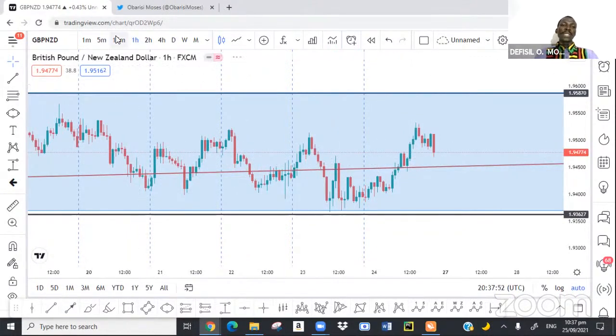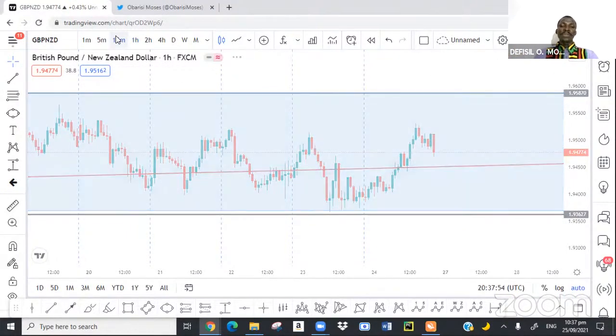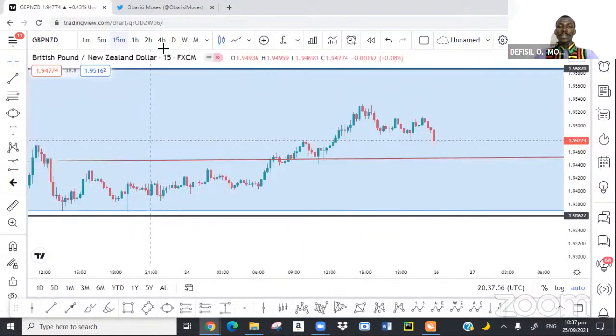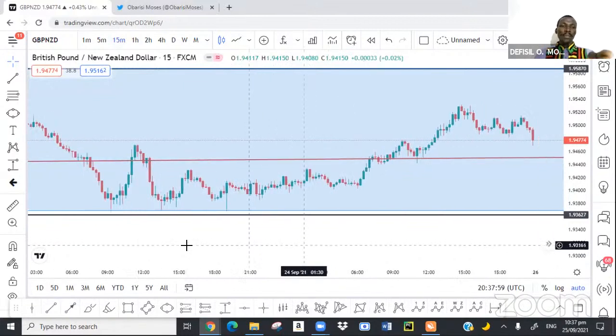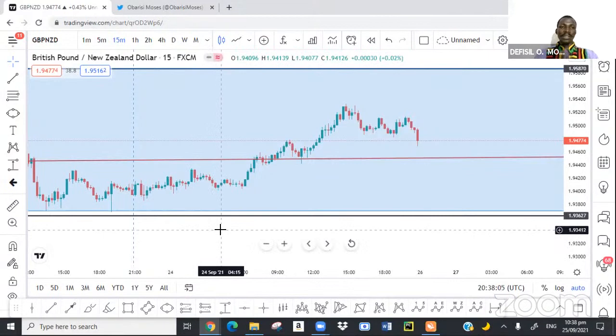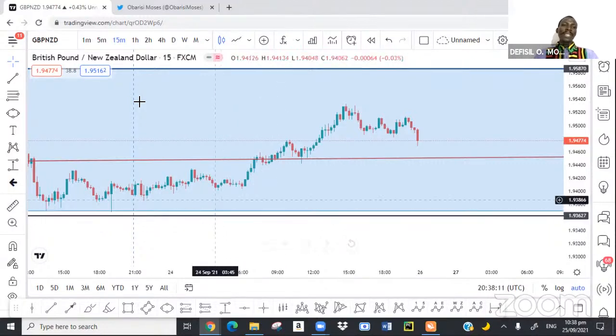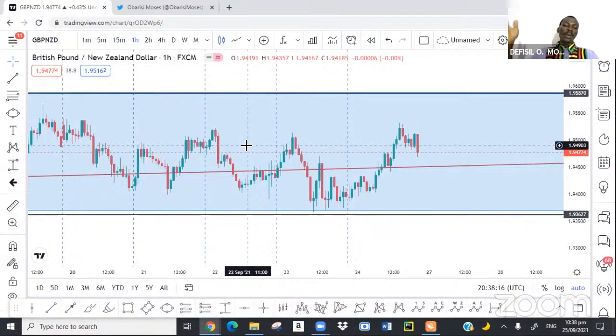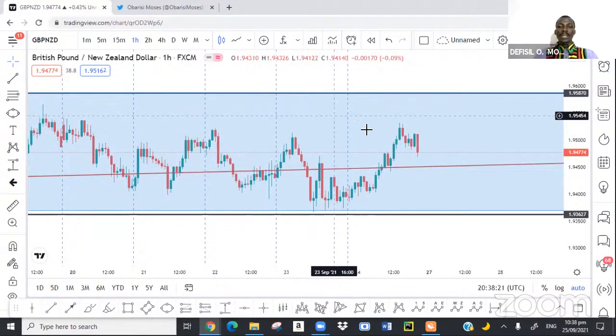The same thing for he that trades the 15 minutes, he will also see that as a full-blown uptrend, so he will take good advantage of that. Meanwhile, whoever trades on the daily will be seeing that as a range, meaning that he will be scalping it. But he that trades on the 15 minutes and the 1 hour will see it as a good uptrend to follow up, and when it gets to the resistance, he or she follows it downward also.